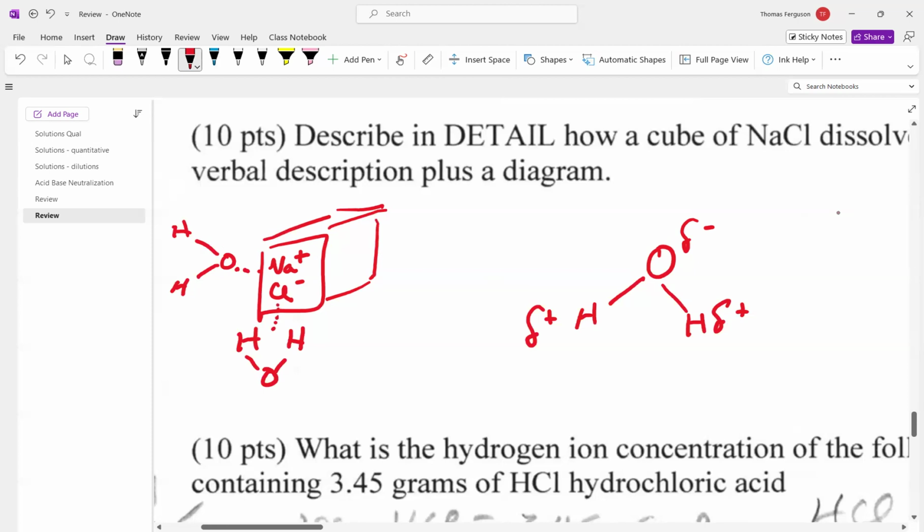And because the water is vibrating, it's going to pull it out. The more it vibrates, with higher temperature, the odds of it hitting the salt crystal is greater. That's why heating the solvent increases the motion. That increases the odds that the water is going to hit.